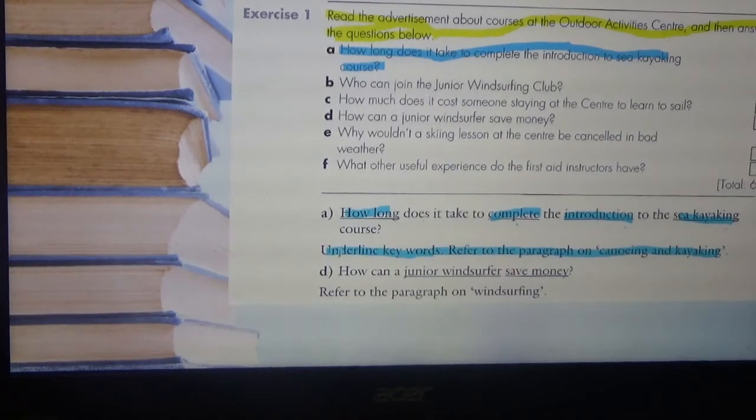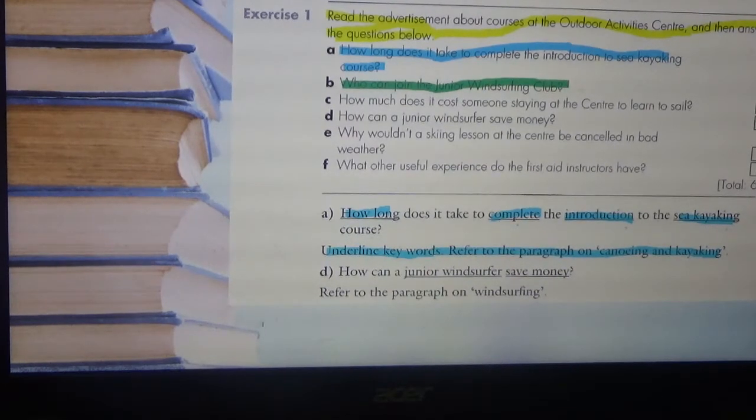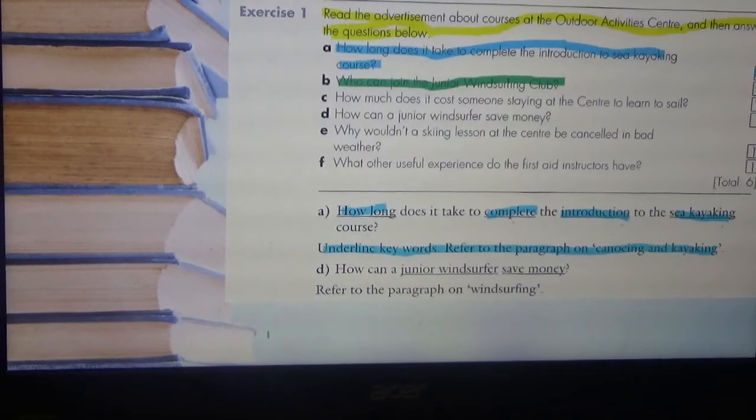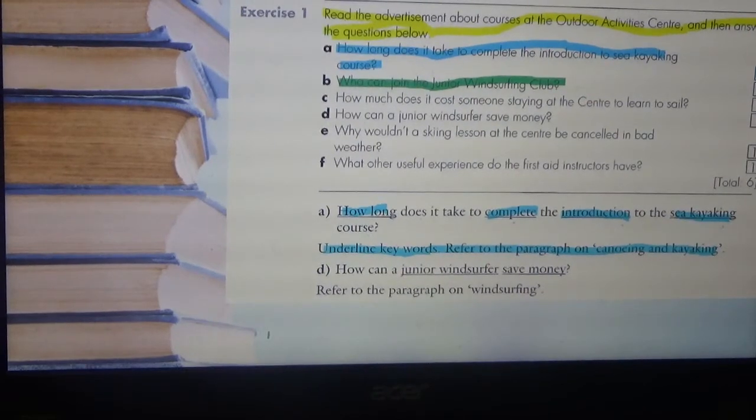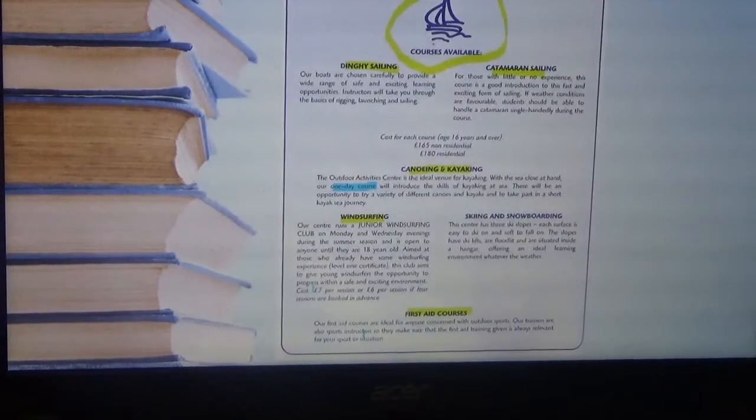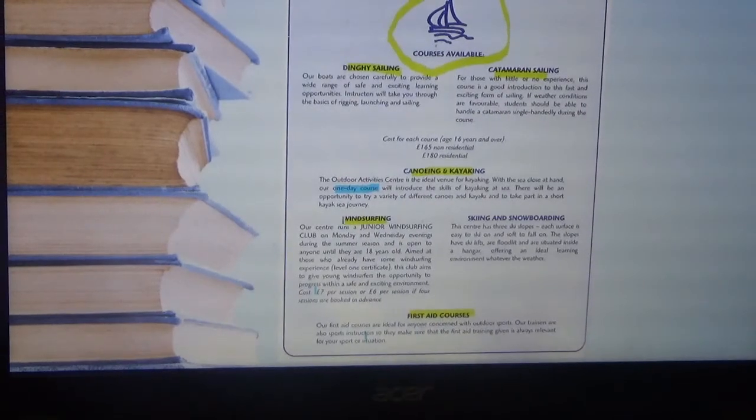Now let's see. The second question is, who can join the Junior Windsurfing Club? Let's see. Who can join the Junior Windsurfing Club? So let's go to this paragraph, this heading.